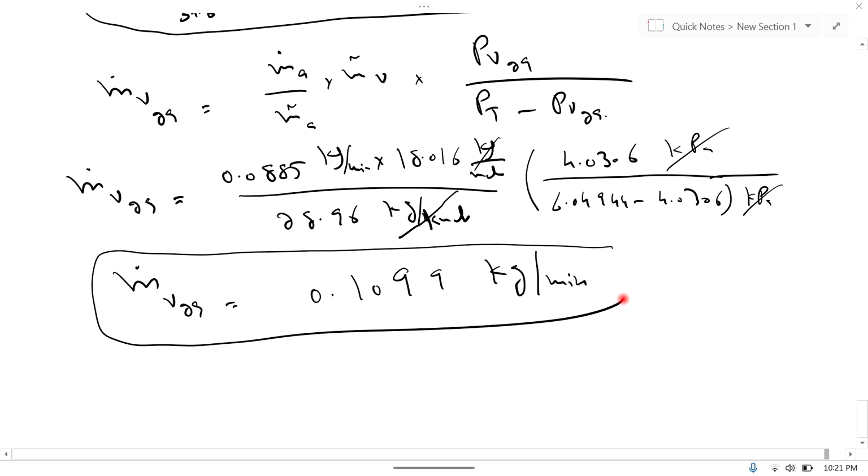So mass of vapor at 34.6 degrees centigrade and mass of vapor at 29 degrees centigrade is calculated by us.